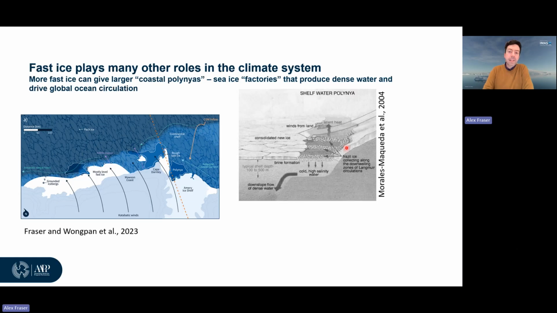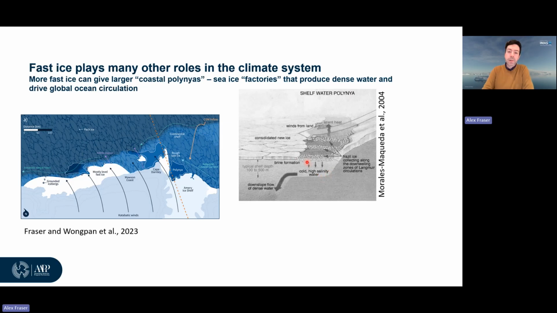These are intensive regions of sea ice formation that come about because the very strong and persistent katabatic winds flowing off the continent create an area of open water in certain persistent locations. In these locations, there's no sea ice cover to act as an insulator between the relatively warm ocean and cold atmosphere. So we get very intensive sea ice production happening in these locations.